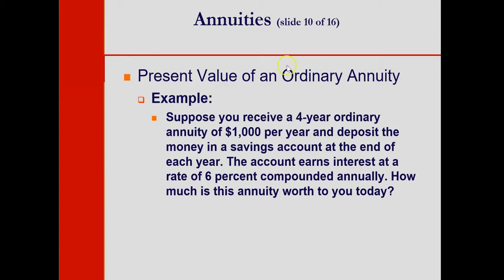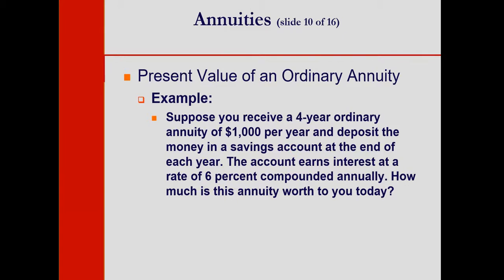Suppose you receive a 4-year ordinary annuity of $1,000 per year and deposit the money in a savings account at the end of each year. The account earns interest at the rate of 6% compounded annually. How much is this annuity worth to you?